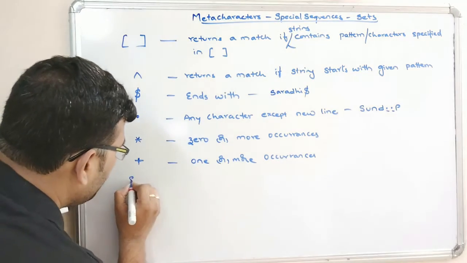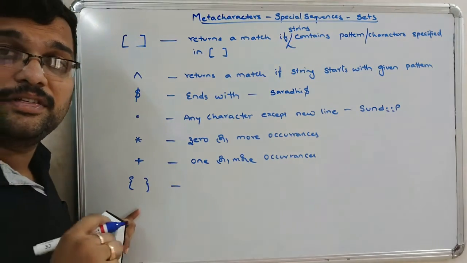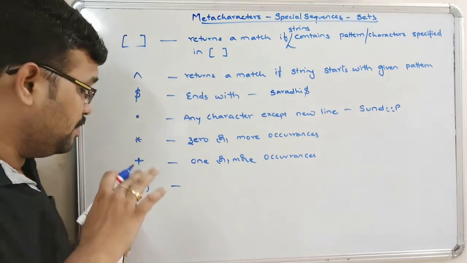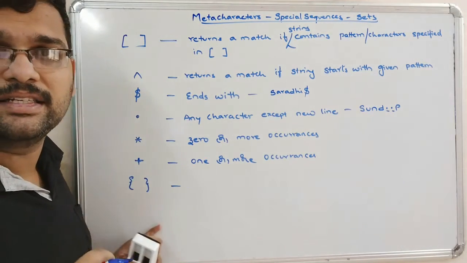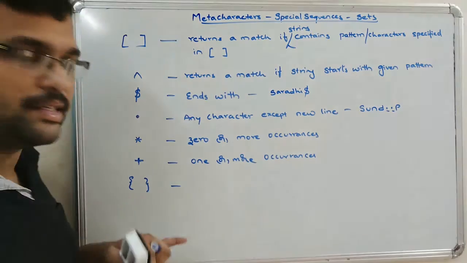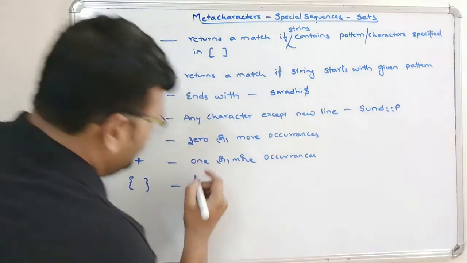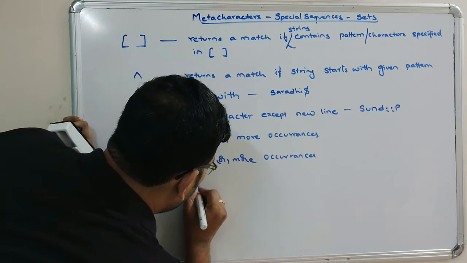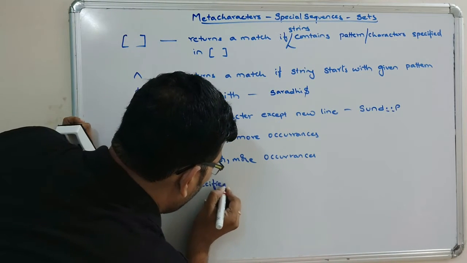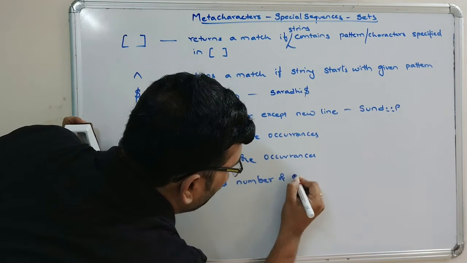And curly braces specify the number of occurrences. If the string contains a specified number of occurrences, we have to give a number here. It will return a match if it contains the specified number of occurrences.